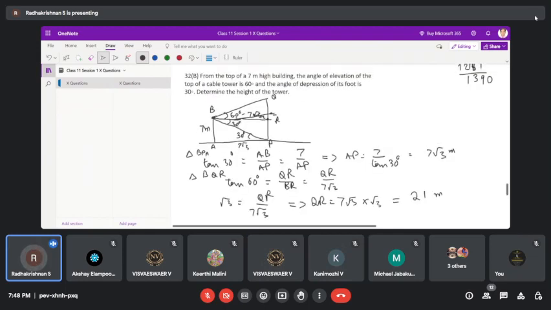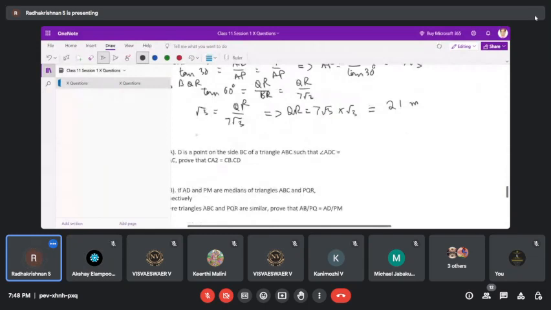So this QR is 21. So what is asked? Determine the height of the tower. The height of the tower is PQ. So what will PQ be? QR plus PR, which is 28. PQ is the height of the tower, right?